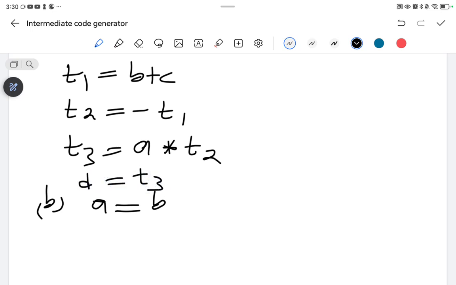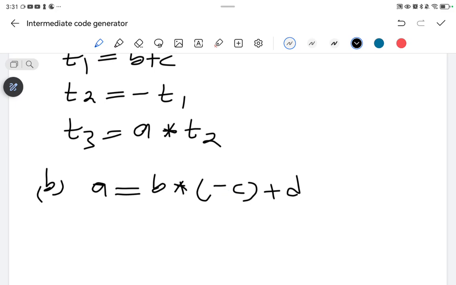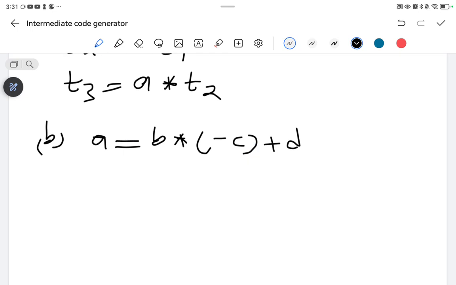I assign all these results to D. Since that one doesn't have an equal sign, we leave it out. So now we have A is equal to star minus C plus D. And now what we're going to do is find a three address code for this problem.